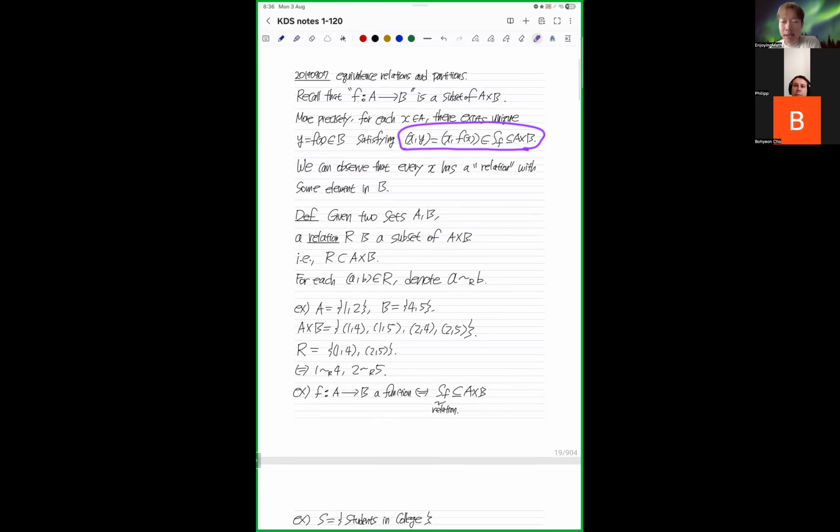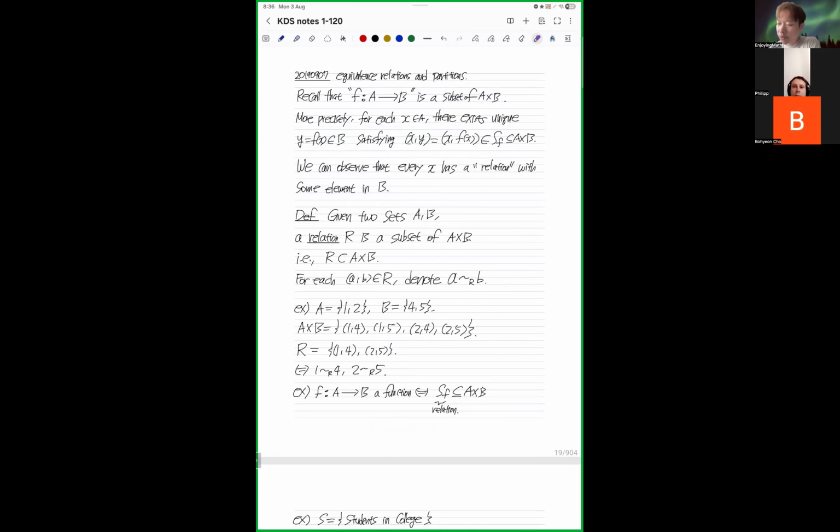So as we discussed, the data type is a set of tuples, which is a subset of a Cartesian product A × B, satisfying this condition.